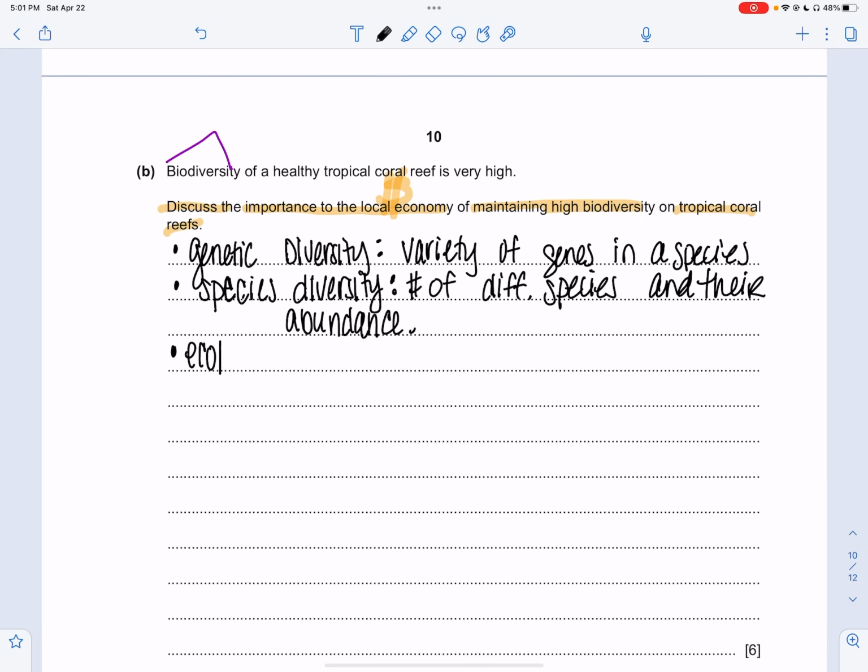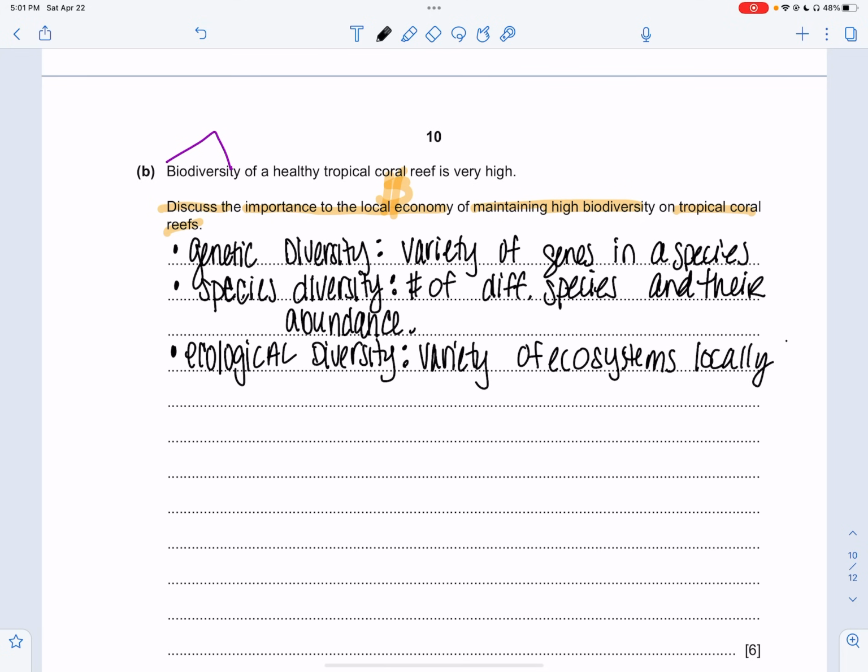And the last one is ecological diversity. And this is a measure of the variety of ecosystems locally, regionally and globally. All right.